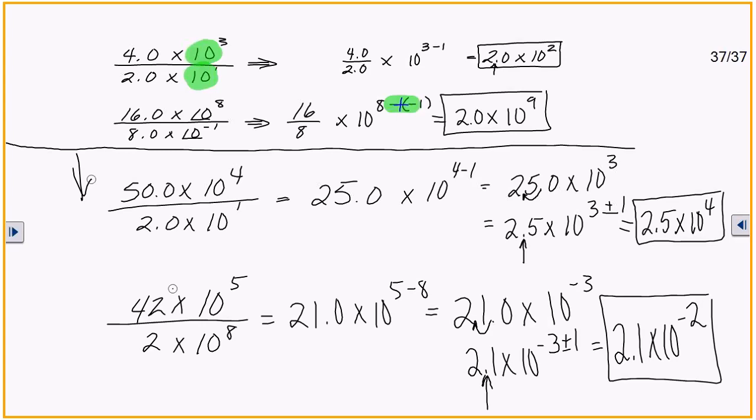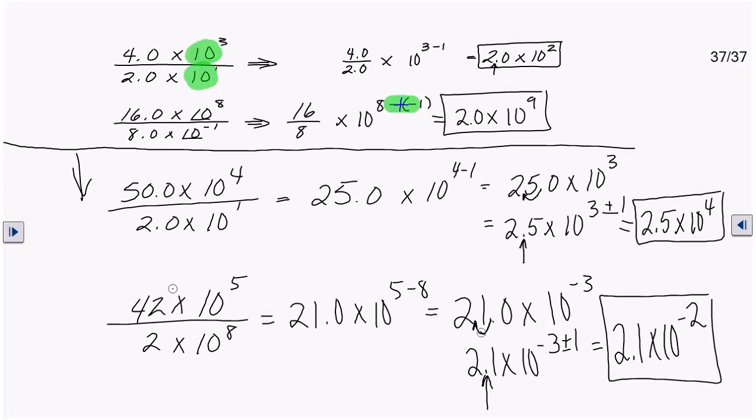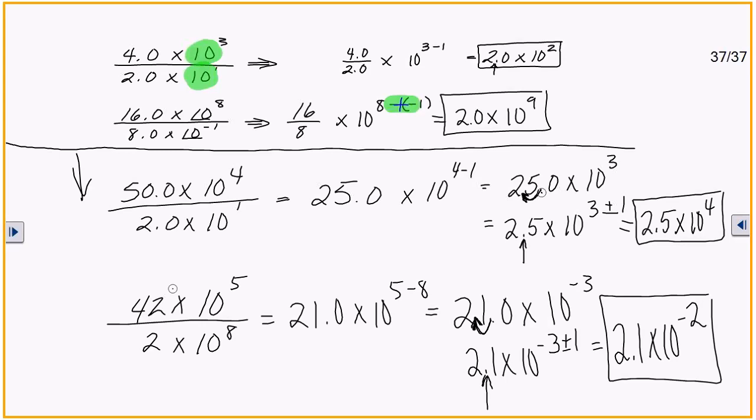They did all the problem right, but they got just a little bit wrong because they didn't change it to scientific notation. And see, that's why it's so important that you understand how to do scientific notation.